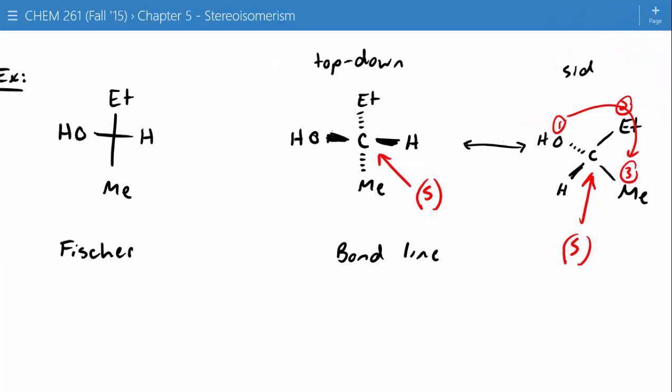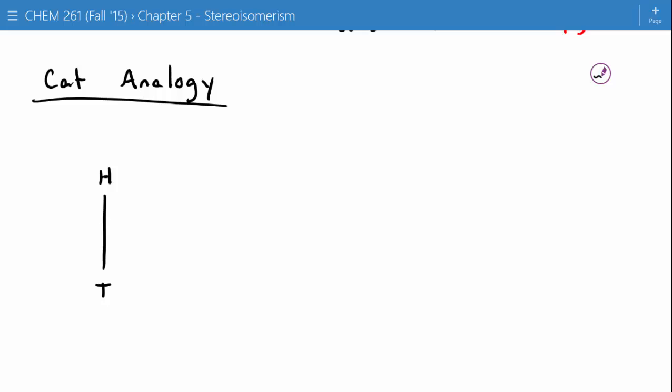It's a little bit weird to think about, but the analogy I really like from Mastering Organic Chemistry that I'm going to show you guys is the cat analogy. So imagine you've got your cat, and your cat has a head, and then down here, your cat has a tail.